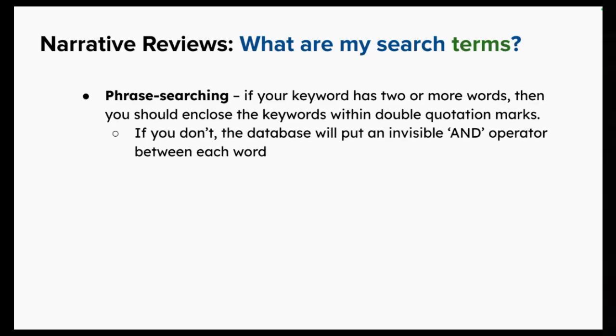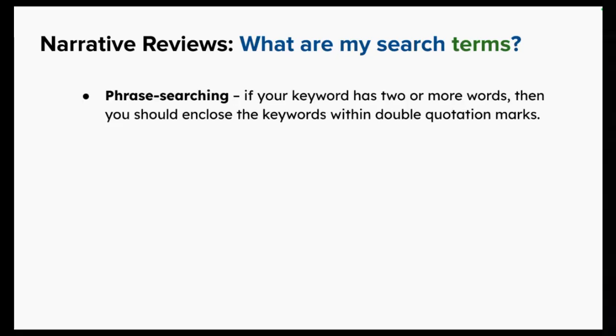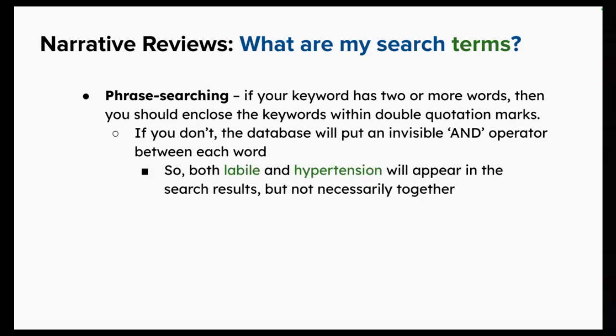If you don't include double quotations, the database is going to assume that you mean an AND between each word. So going back to this slide, they might think you mean patient and targeted and Googling, which is going to pull a whole bunch of very strange search results for you. So it's really important to include those double quotations.